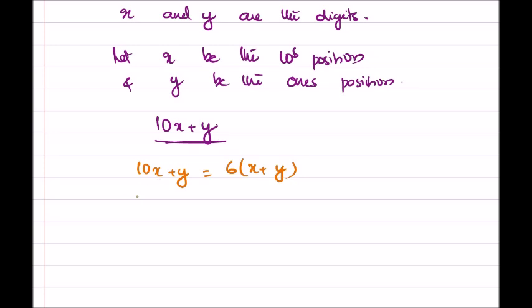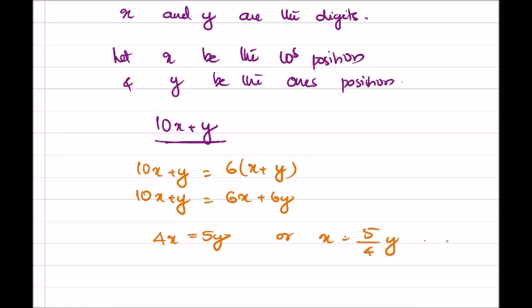Solving this, 10x plus y is equal to 6x plus 6y. That is, 4x equals 5y, or x is equal to 5 by 4 y. So this is marked as equation 1.